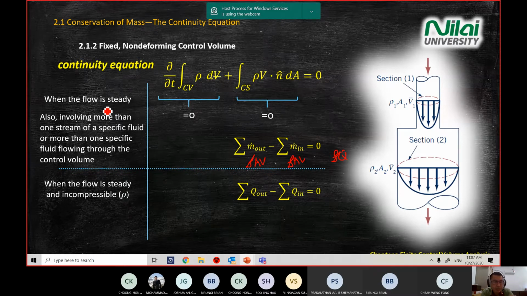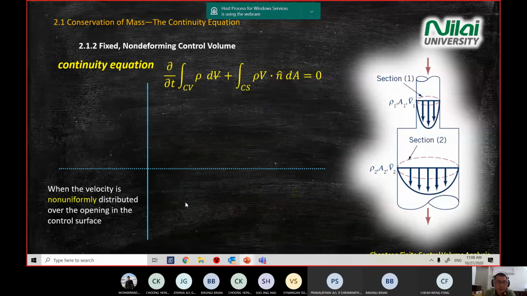The second one, if you have the words steady and incompressible, means you can factor out the density, and then you only focus on the volume flow rate. Q is the volume flow rate: your area times the flow velocity gives you volume flow rate.